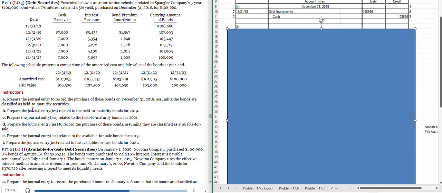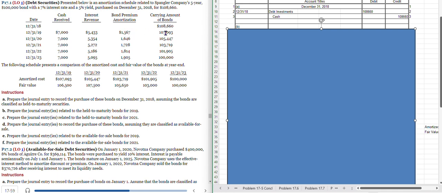B. Prepare the journal entries related to the held to maturity bonds for 2019. In 2019, we received $7,000 cash. It's an increase to cash. We had $5,433 in interest accretion, which is an increase to interest revenue.